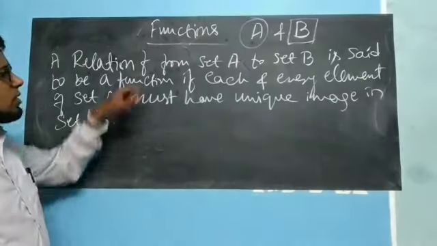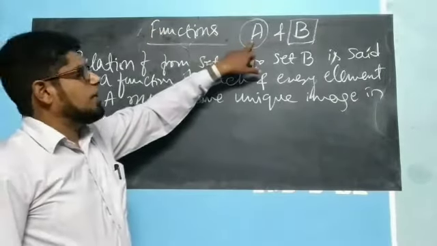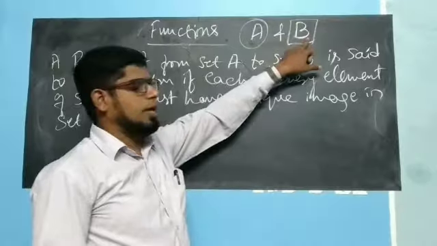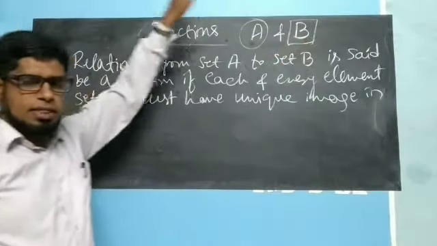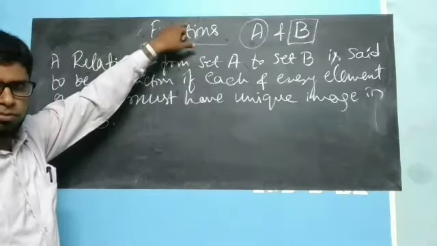I'll repeat: if each and every element of set A must have a unique image in set B, then that kind of mapping is called a function.